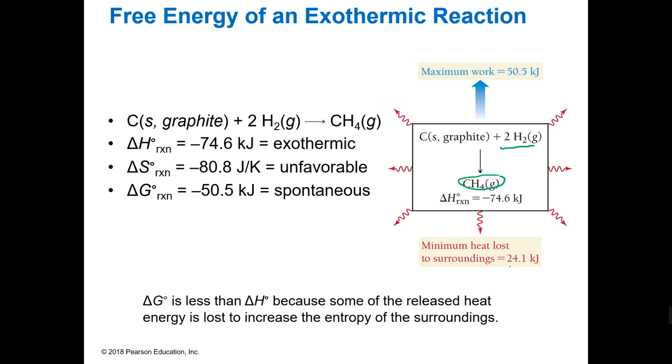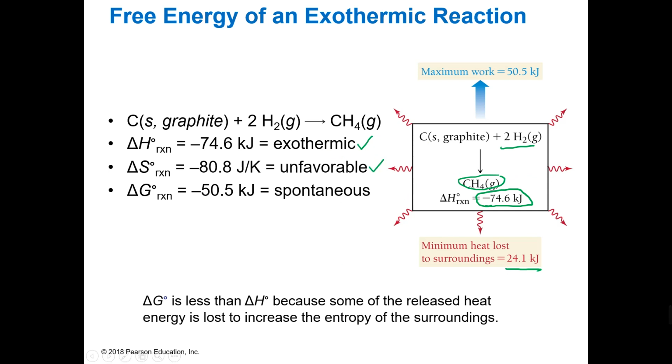The minimum heat lost, 24.1 kilojoules. So I can look and say, okay, the delta H here is negative, and therefore, we know that means it's exothermic, okay? Exothermic is more favorable. But our delta S, if we did the math, would be negative and therefore unfavorable.